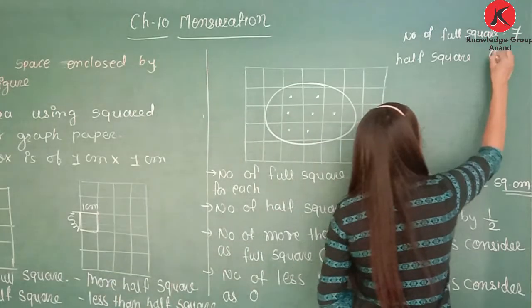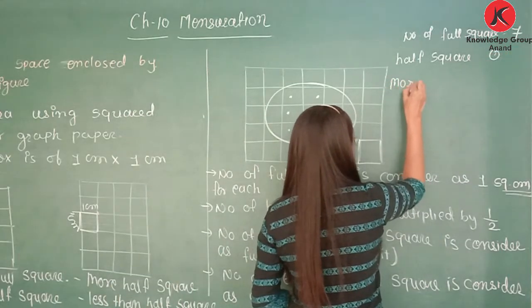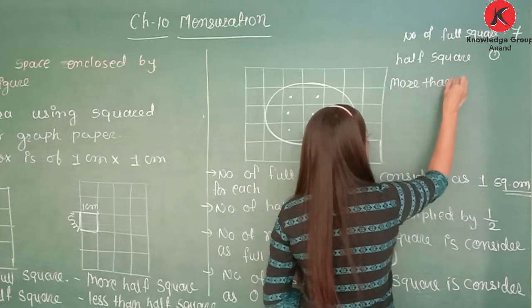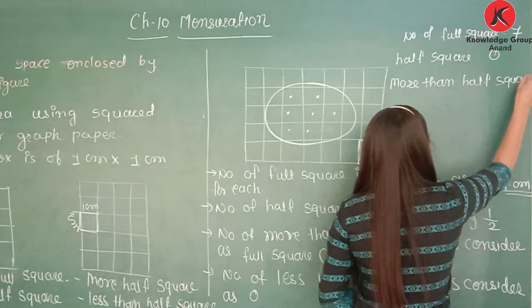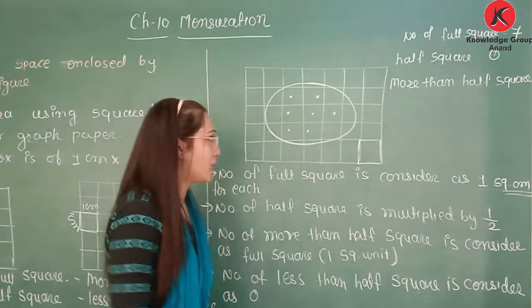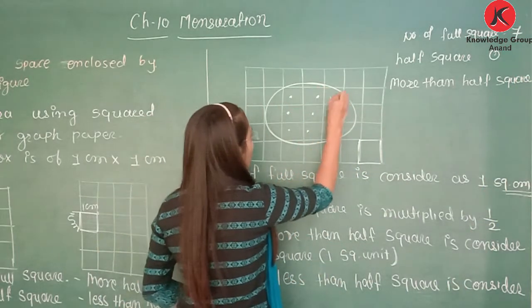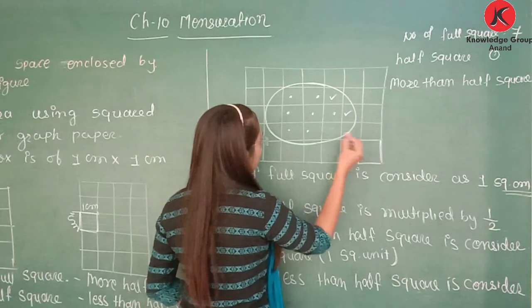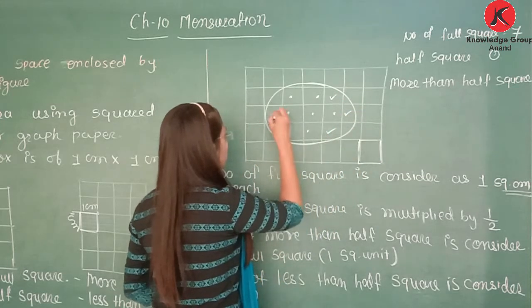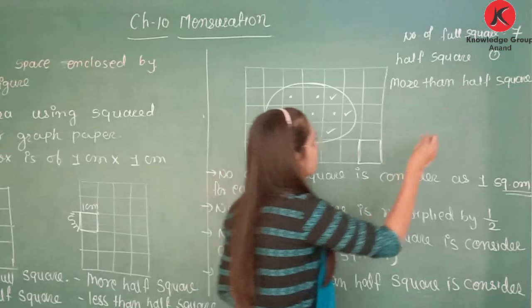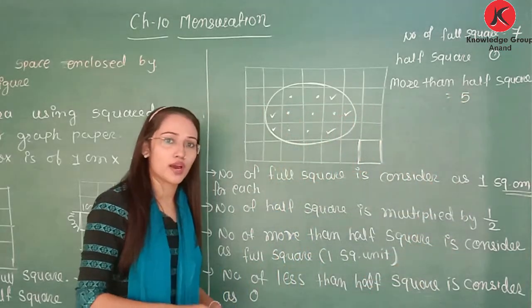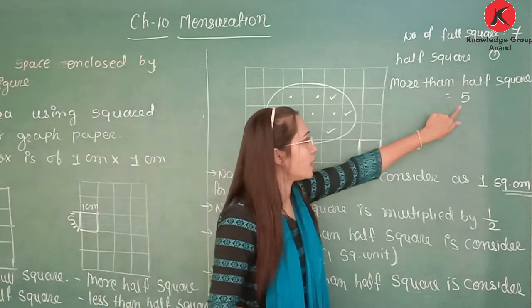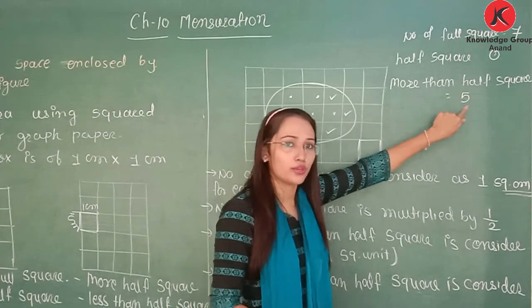So, 0. More than half square. More than half square, so it is 1, 2, 3, 4 and 5. So it is 5. Now 5 more than half square is considered as a 1. So more than half square means 5 square unit.